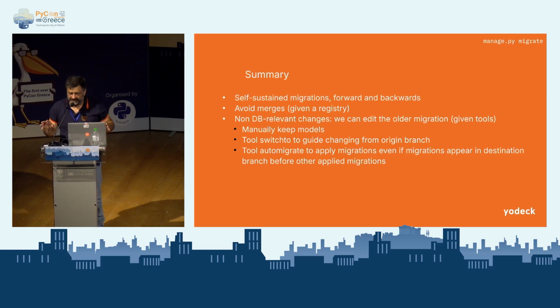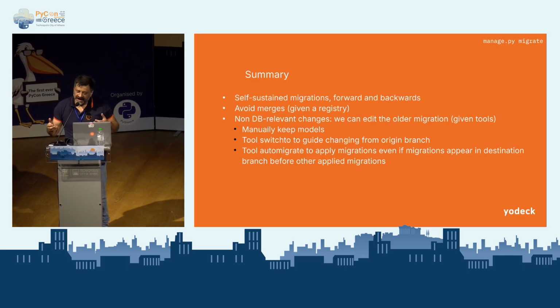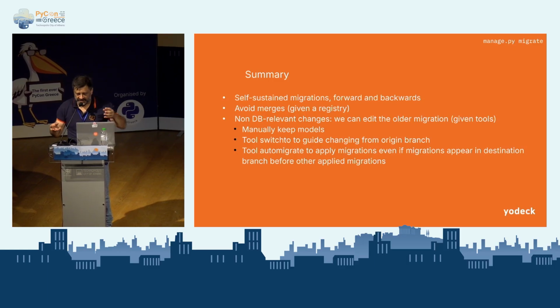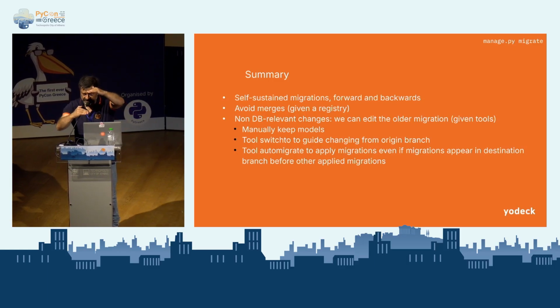So we found a mechanism with the registry to avoid merges. And then we had a tool that handles the case where you have migrations and then a branch gets merged, so a migration appears in the middle. You have to hide the rest, apply that migration, show the rest, and repeat the process should the need be.